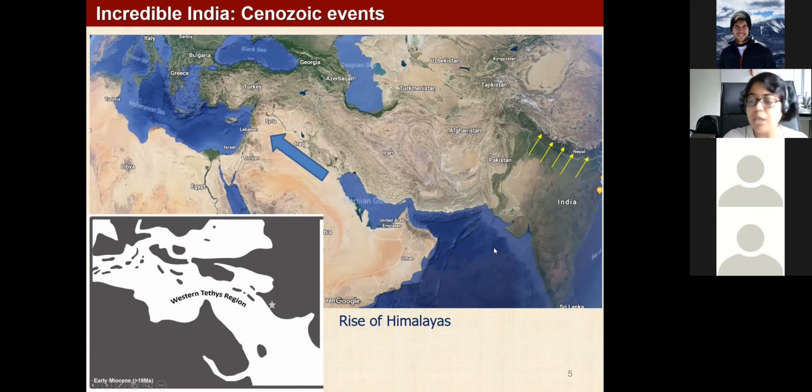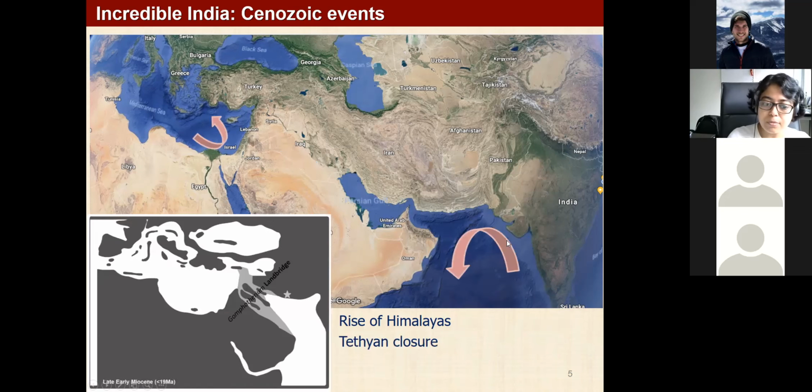So anyone interested in knowing how the change in seawater chemistry affects the shallow marine groups, this is also the perfect time and the perfect spot to look into. So rise of Himalayas, Tethyan closure, all of these can be studied using the shallow marine groups as well as other marine groups right around this place.